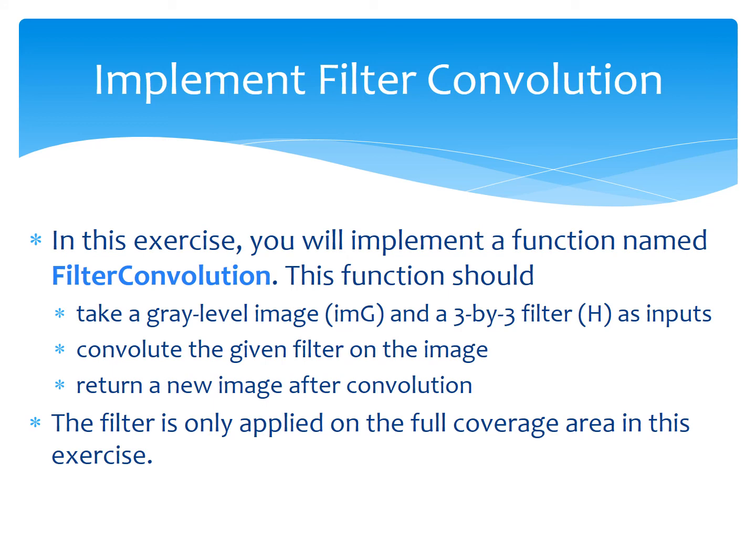Here, we provide an example of how to implement filter convolution without geometry boundary padding. In this example, we assume that the size of the filter is 3 by 3, and we do not implement geometry boundary padding. And thus, the 3 by 3 filter is only applied on the full coverage area.